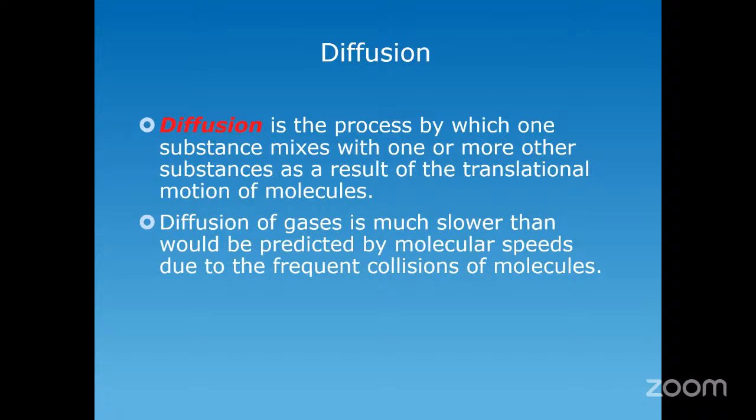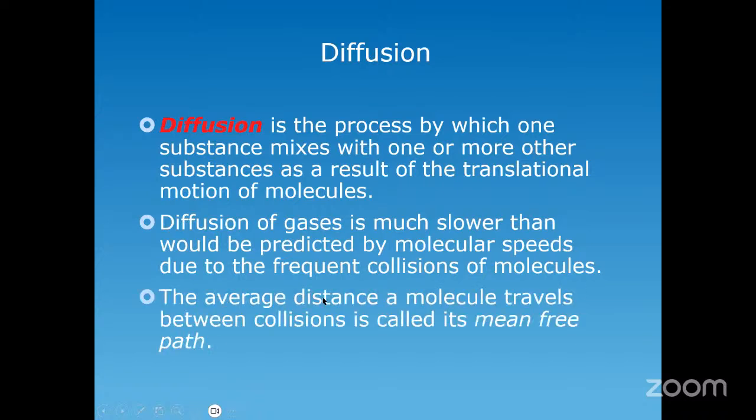As stated here, the diffusion of gases is much slower than would be predicted by the molecular speed equation that we talked about, and that is due to the frequent collision of molecules.